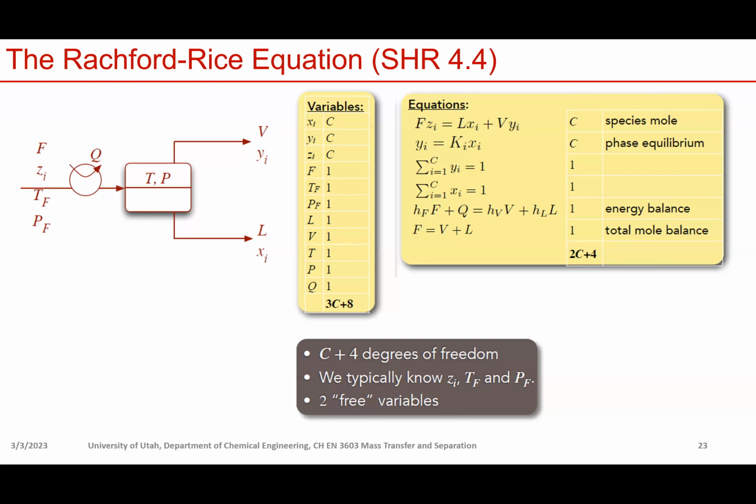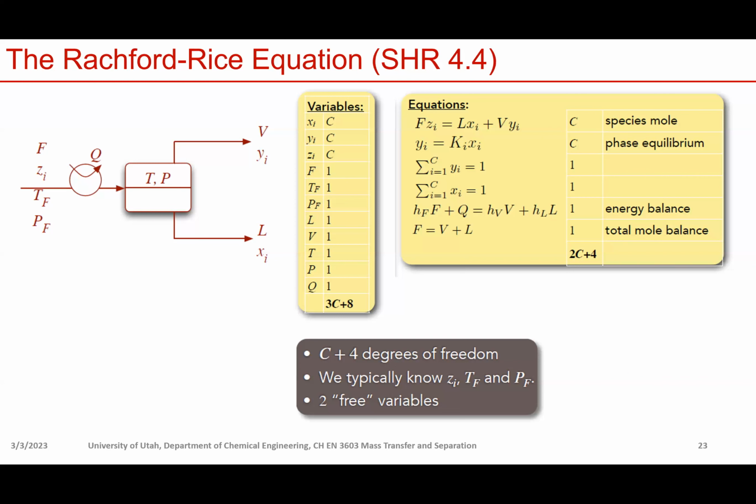These two equations are actually equivalent. Let's say we don't have this equation, we have the summation of Zi equals 1. Now what you can do is just sum the species balance over all species.